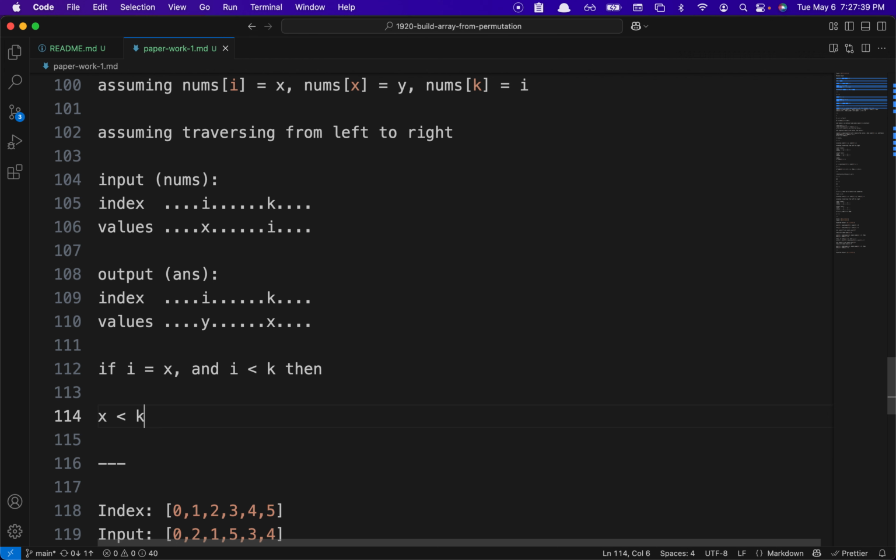And x is less than k because I is less than k and I equal x, right? X is less than k. Cannot tell anything else.